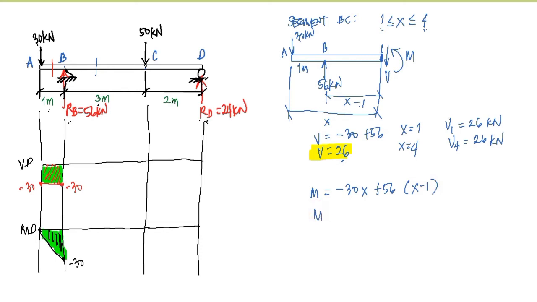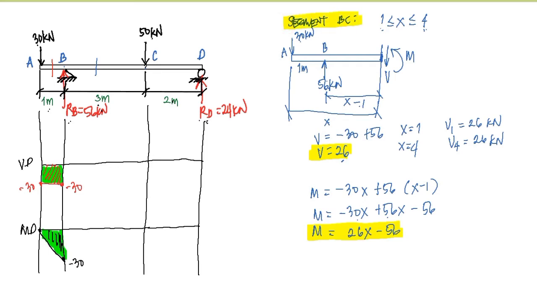So simplifying this, we have negative 30x plus 56x minus 56. So we have here the moment is equal to negative 30 plus 56 is 26x minus 56. And this is the equation for the moment of the segment BC.